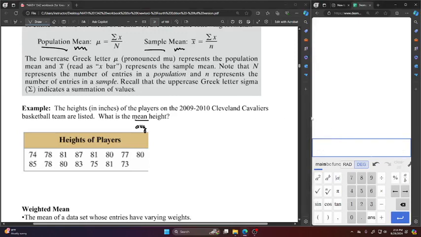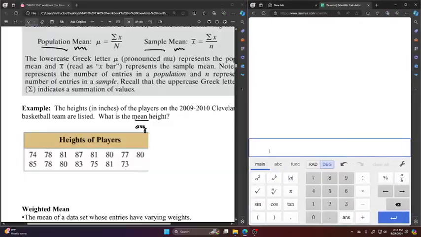Calculators. Will you have to do it manually like what I'm doing right here ever? Probably not. I'll show you GeoGebra here pretty soon. Look, I can't even type these in. That's so bad. 77, 80, 85.